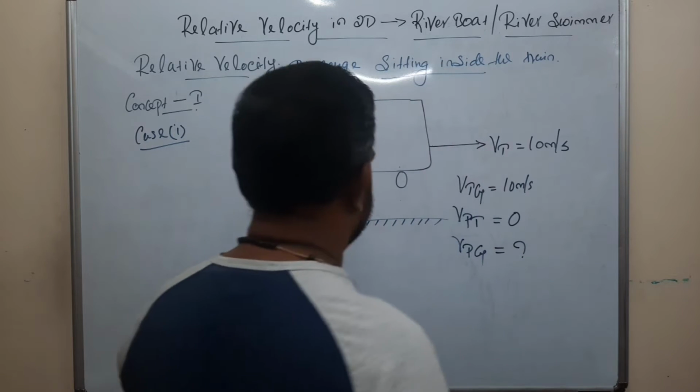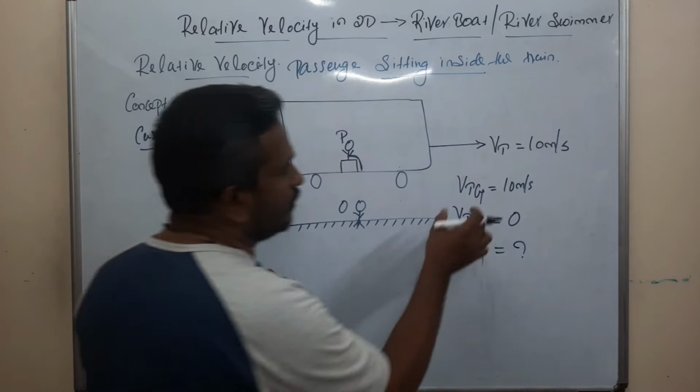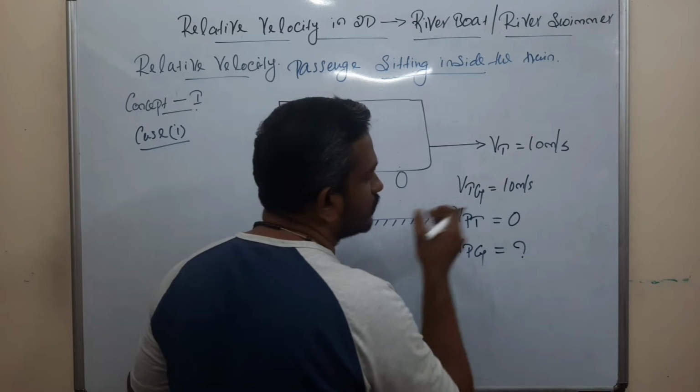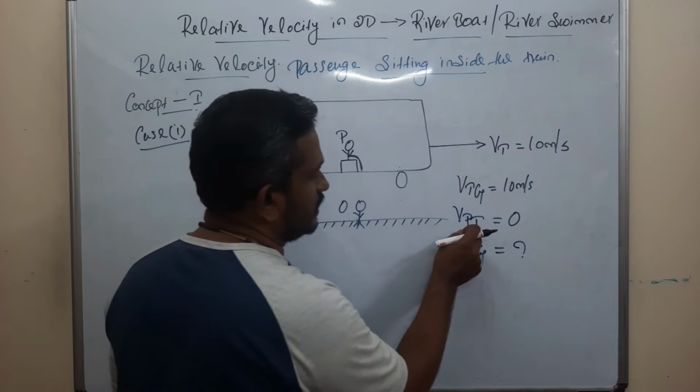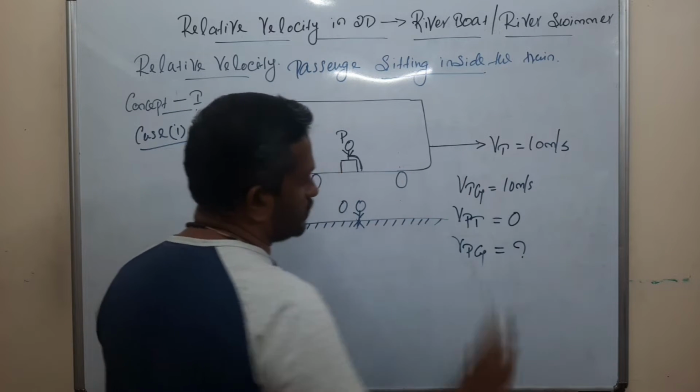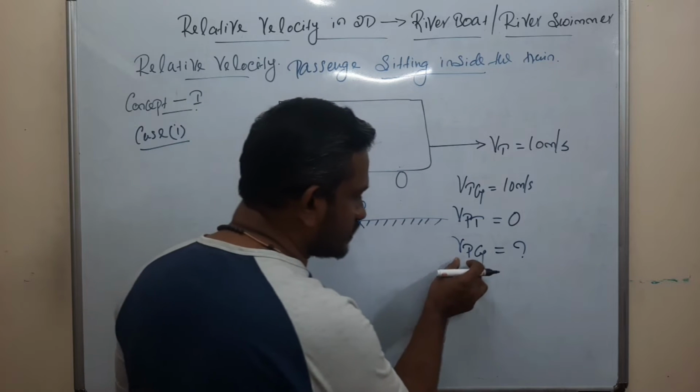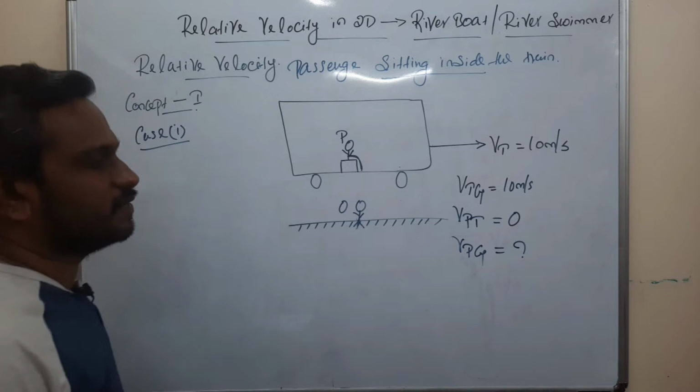First case. Understand that the velocity of the train with respect to the ground is 10 meter per second. The velocity of the passenger inside the train is equal to 0. We have to find the velocity of the passenger with respect to the ground.